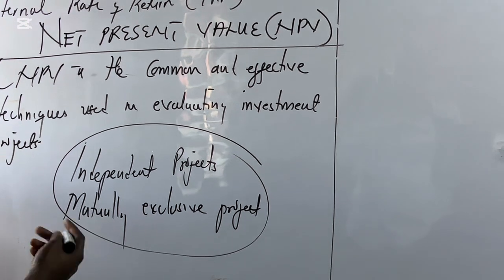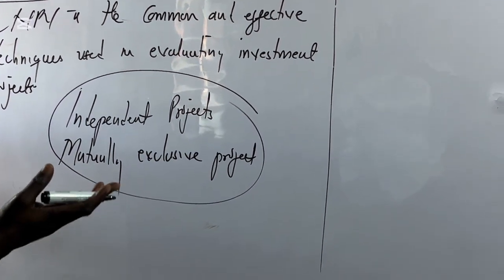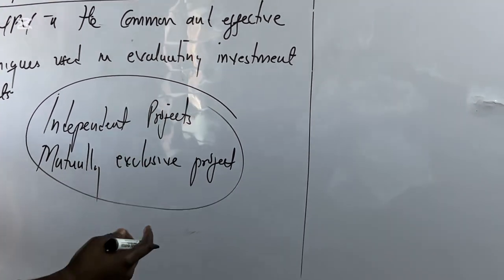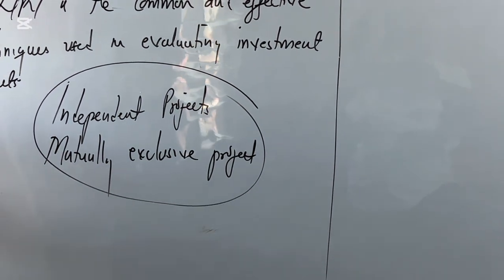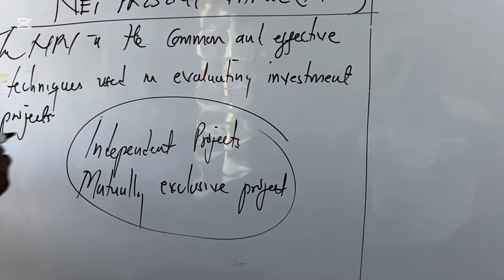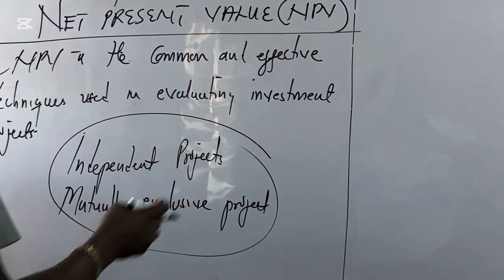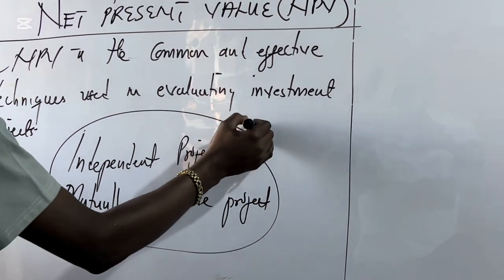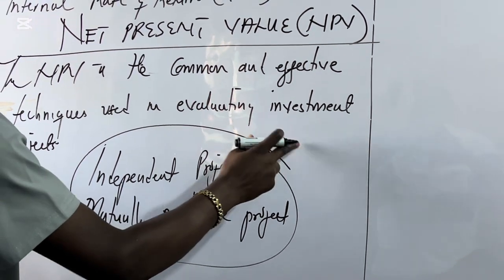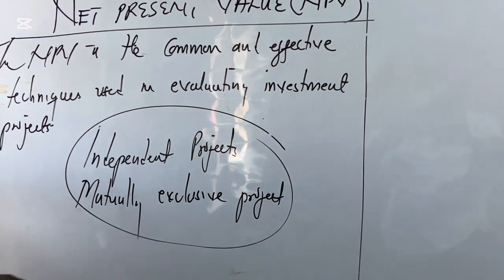Now, what do we mean by an independent project? Two or more projects are said to be independent when there is no interference. That is, there is no interference between these two projects, such that if I accept or reject one project, it has no effect on the other project.